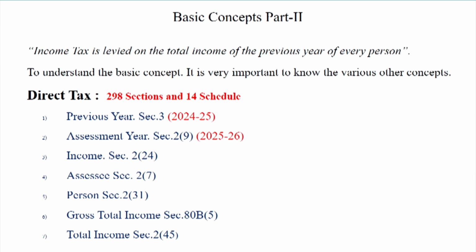If the deductions under Chapter 6A are deducted from the volume of the gross total income, it is called the total income. Total income is also called the taxable income. Total income is the income which is derived by the deduction of Chapter 6A from the gross total income.